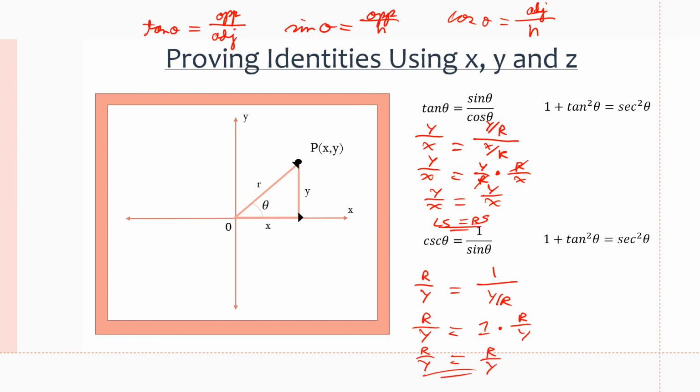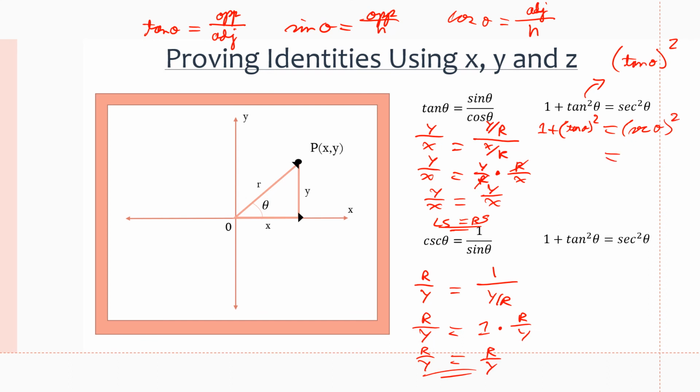Next, we have 1 plus tan squared theta equals secant squared theta. So this is the same thing as saying tan of theta all squared, right? So we can rewrite this as 1 plus tan of theta all squared, just to visualize what's going on better.